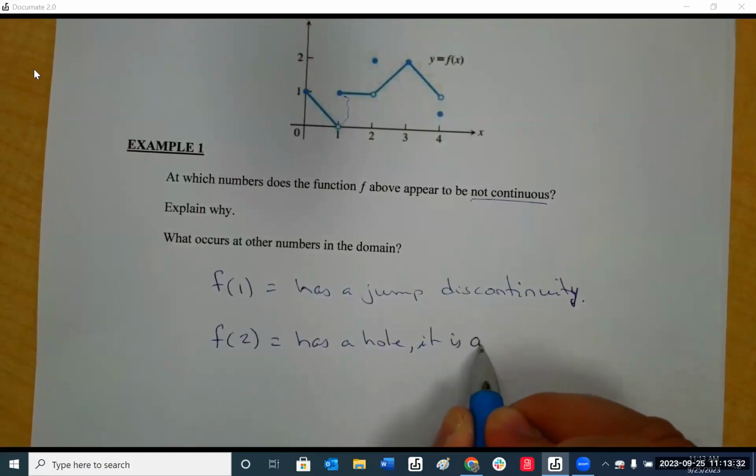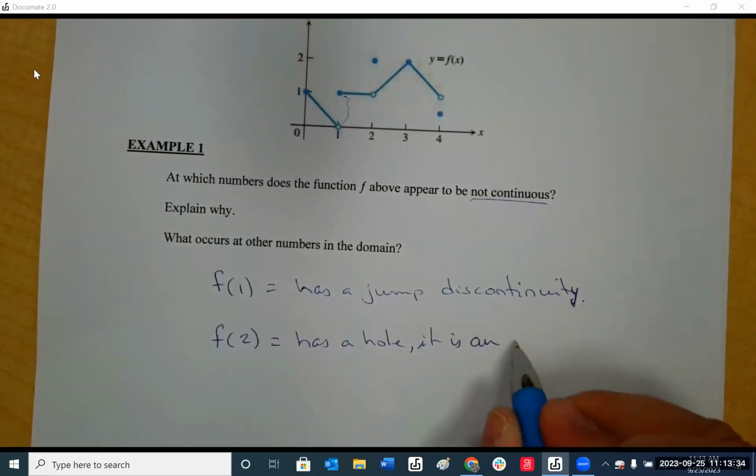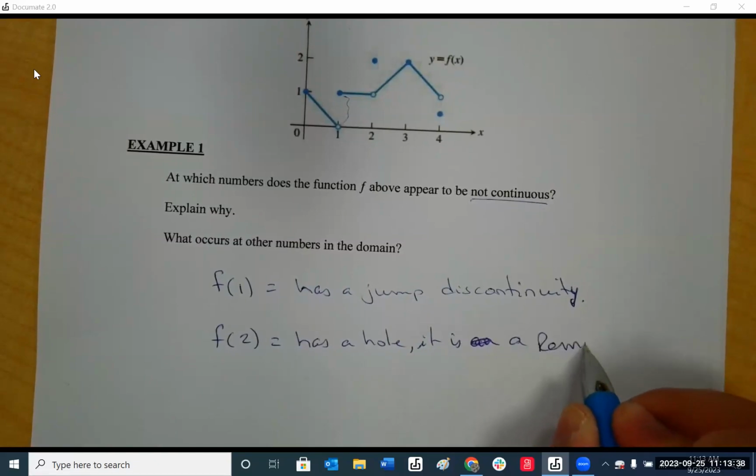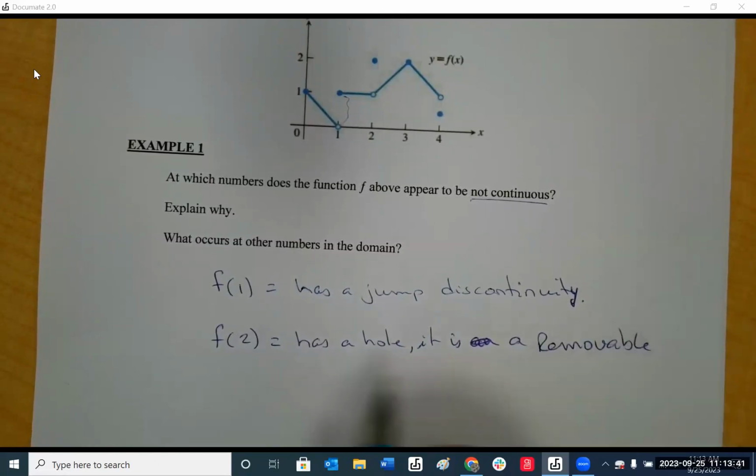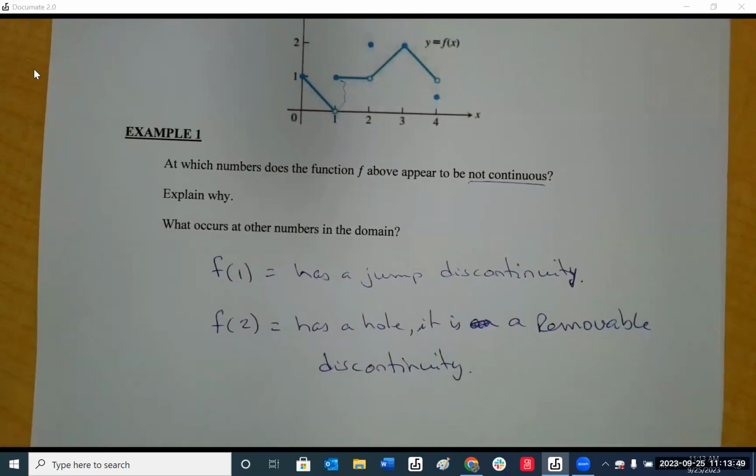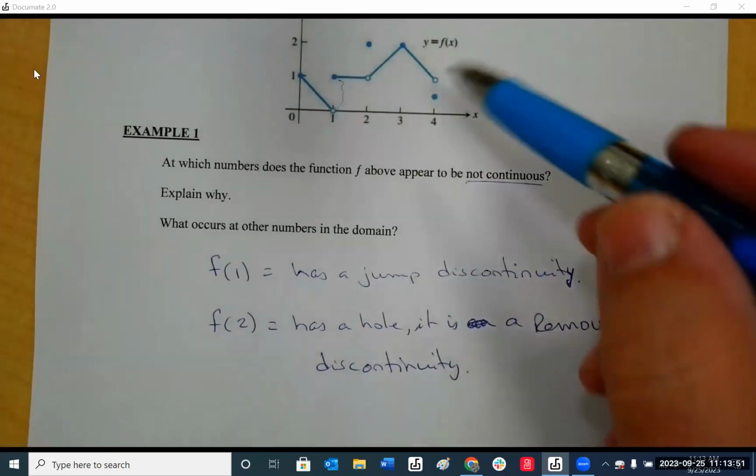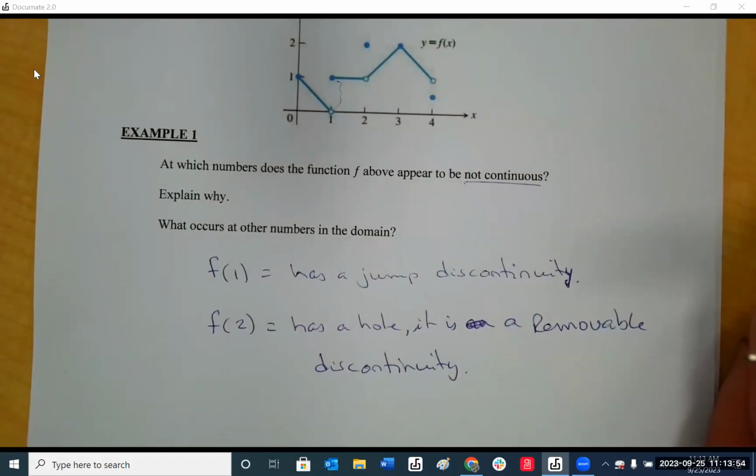It is a removable discontinuity. Why is it called a removable discontinuity?